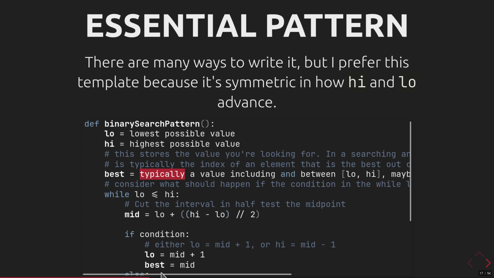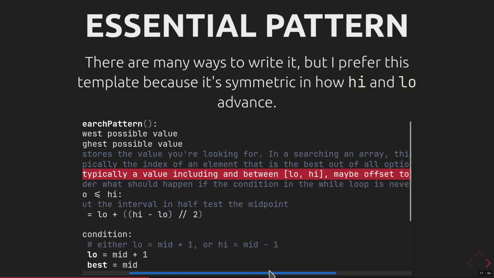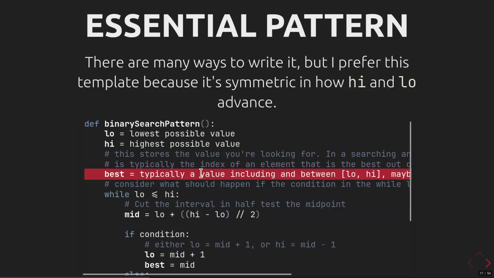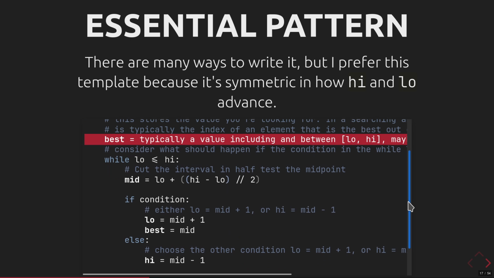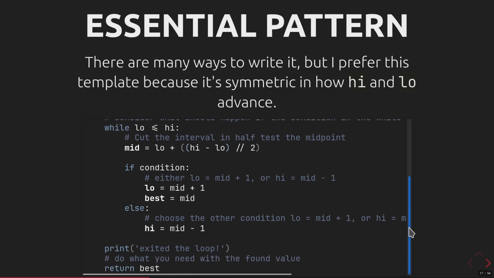This best is typically a value somewhere between low and high. It might be offset to be outside this range, but this is one part that takes thinking about what the best candidate should be whenever you do binary search. The condition you're also going to have to think about each time, what you're comparing, right?